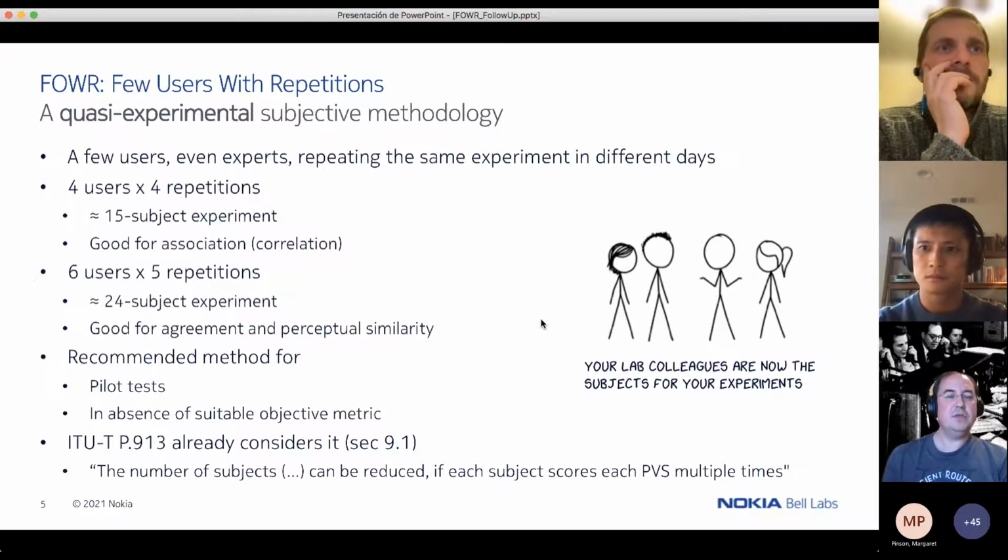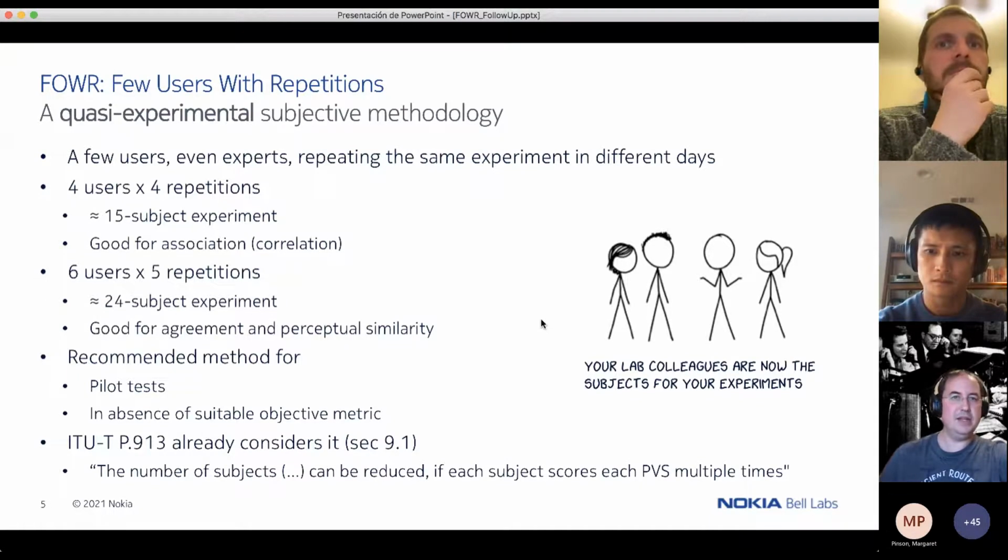We thought it could be an interesting methodology for situations where you cannot have a large number of subjects, but you still want scores that are much better than just a small pretest or an objective metric, because maybe you don't have an objective metric for the type of quality that you are assessing.